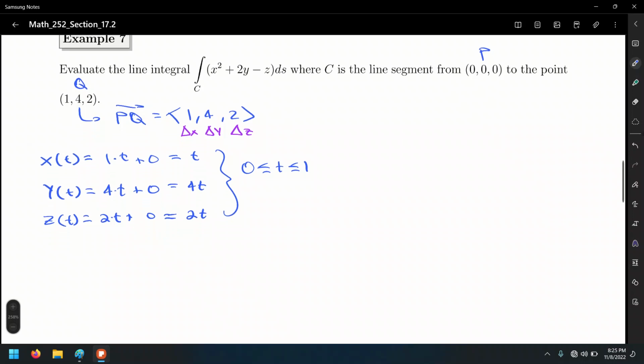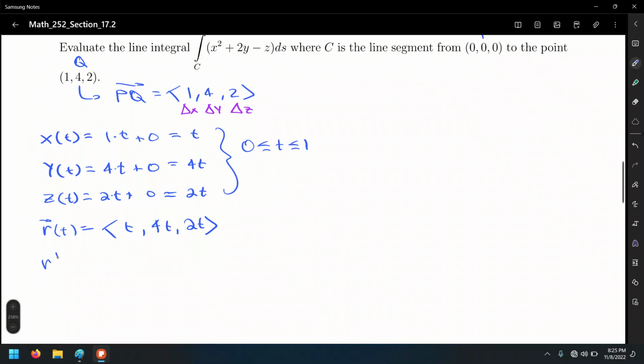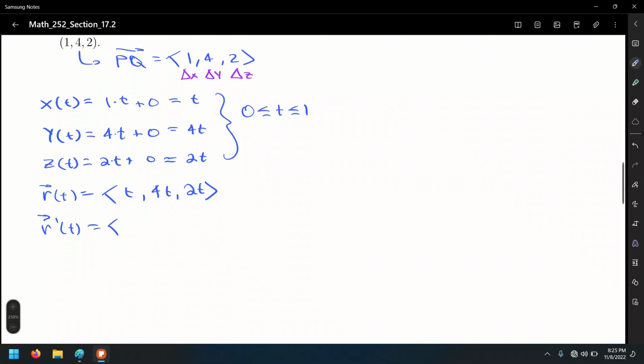Alright? Well, let's write it in the vector valued function form. That is r of t, and this is t, 4t, 2t. And r prime of t, the derivative, because we need the derivative to find its magnitude and turn that arc length parameter into a t parameter.